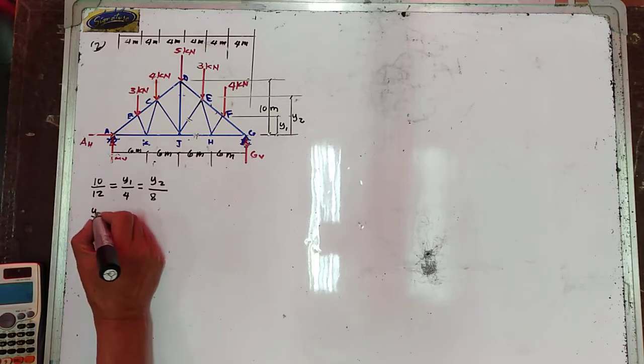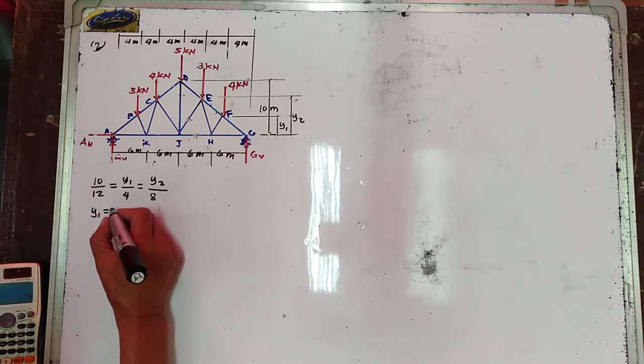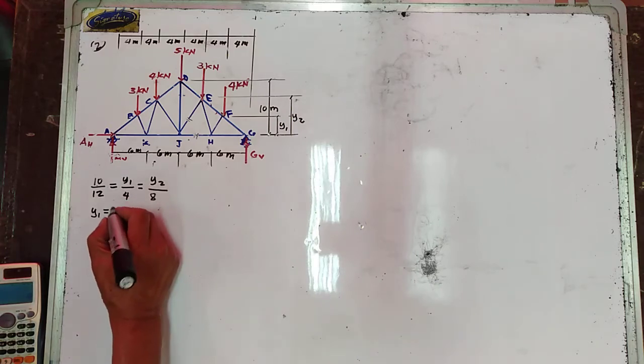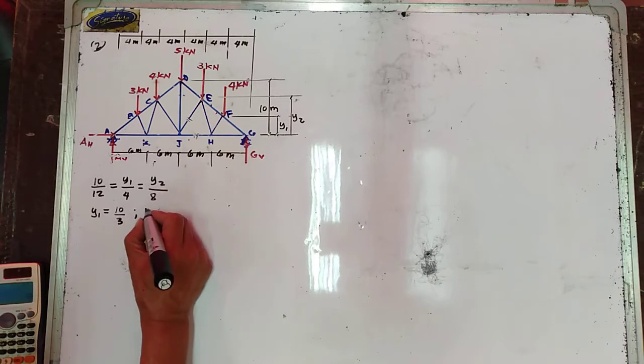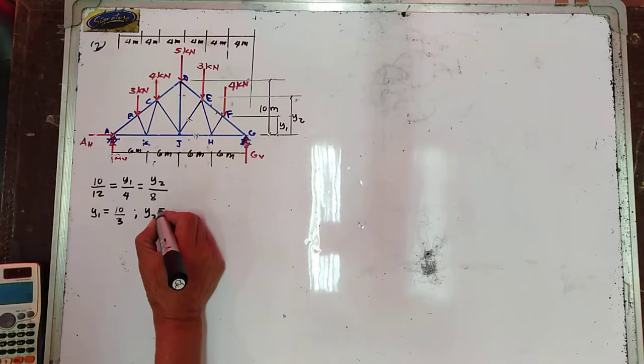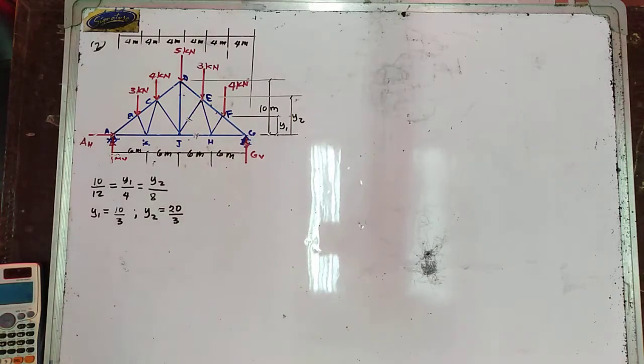So your Y1 is equal to 10 all over 3, and your Y2 is equal to 20 all over 3.